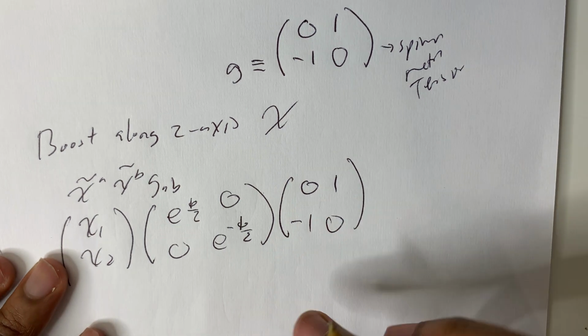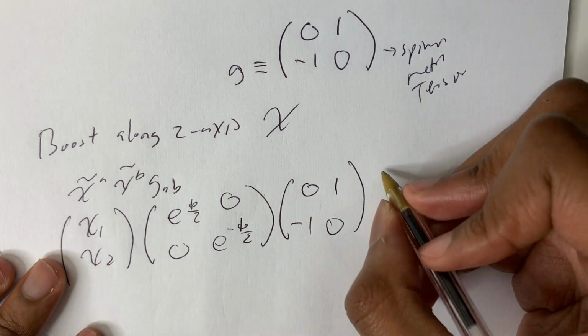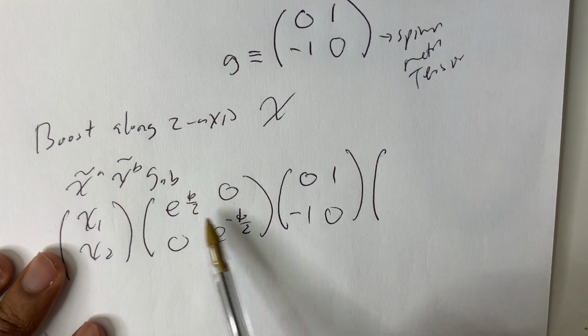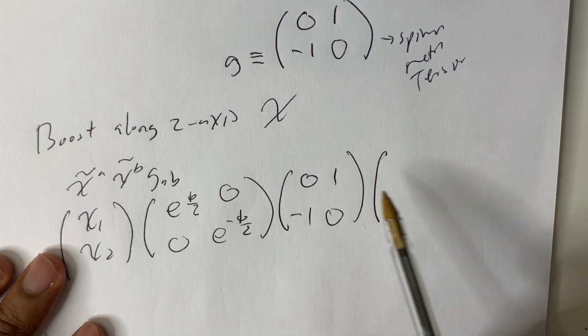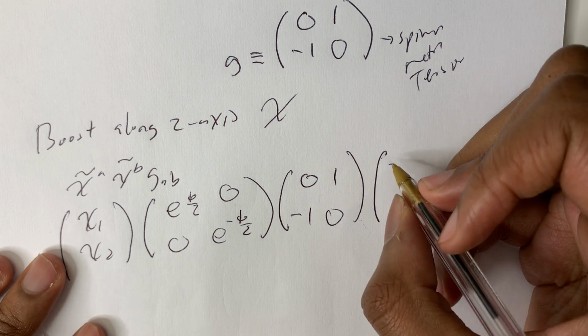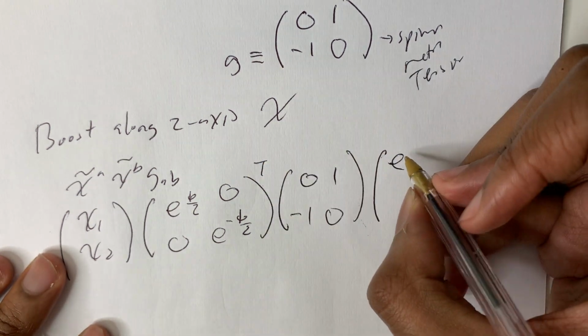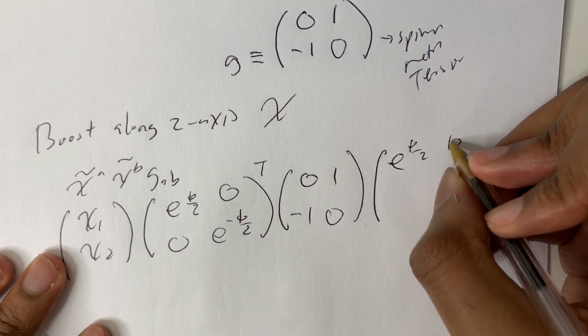It's the one that we have to choose in order for the dot product to be invariant. That's why we choose it. We can also derive it. So you just multiply it by the tensor, and then we multiply it by the same thing again. This should be transposed actually. So you have phi over 2, 0, 0.